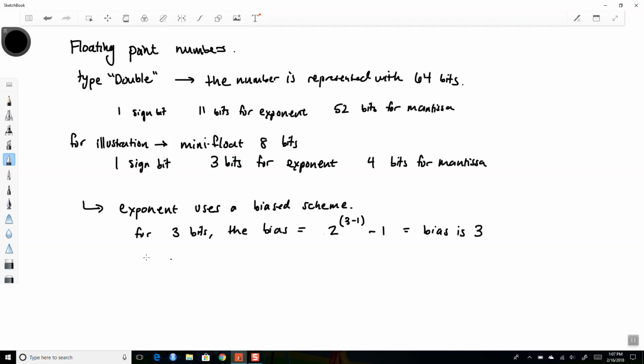So if you have 0, 0, 0 in the exponent, this corresponds to 2 to the negative 3, and if you have something like 1, 1, 0, which is normally 6, it becomes 2 to the 3, because you do 6 minus 3 to get your bias.